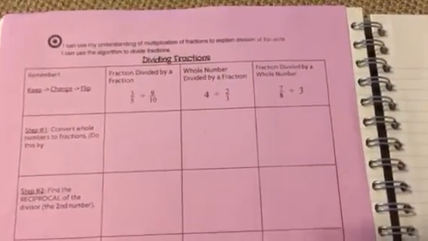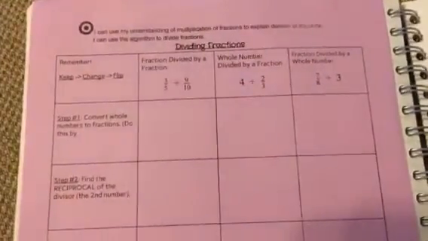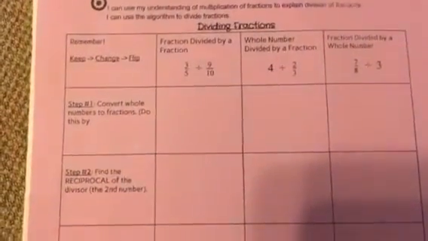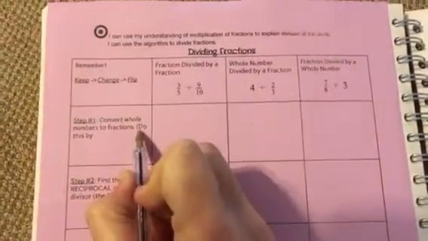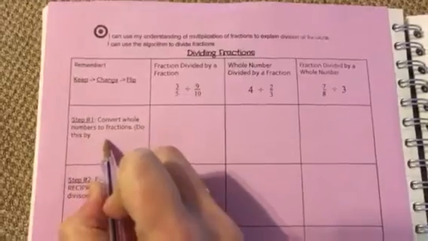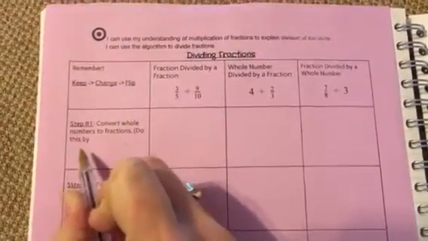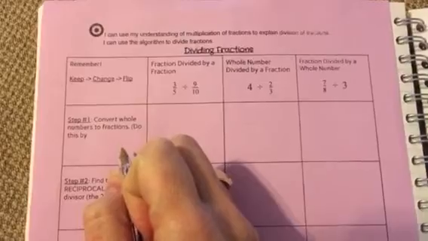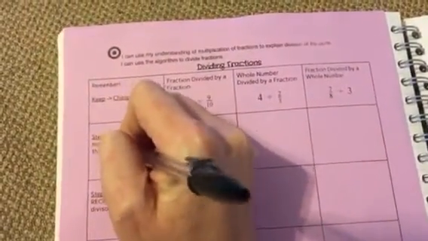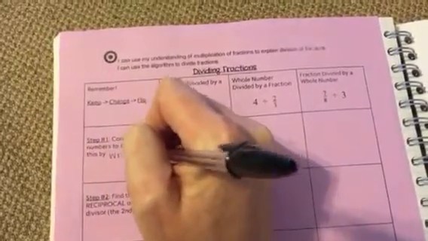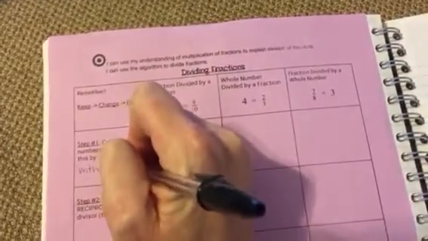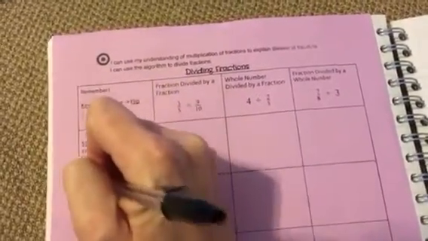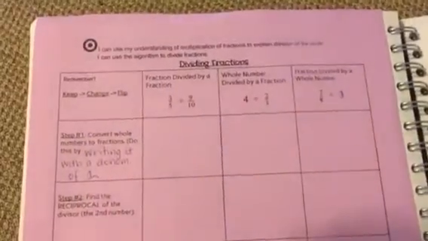So let's first go through the steps whenever you want to divide fractions. Step 1 says convert whole numbers to fractions. And it says do this by, so you might already know this, but if you don't, you can take any whole number and turn it into a fraction by writing the whole number with a denominator of 1.